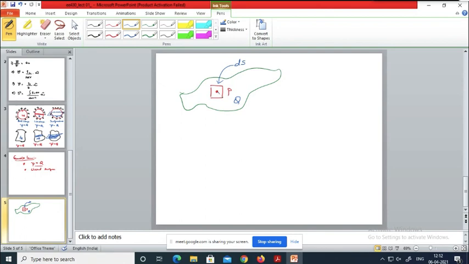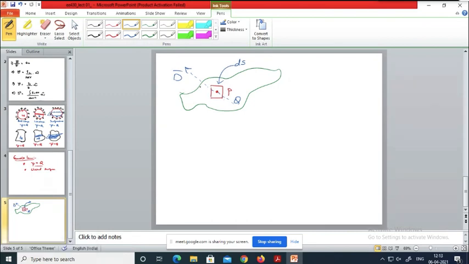As a result, what will happen? There will be some flux density due to this charge Q. That density is given by the vector D.